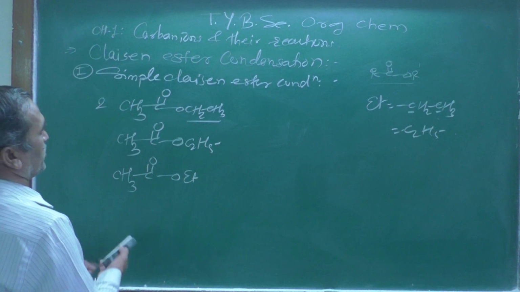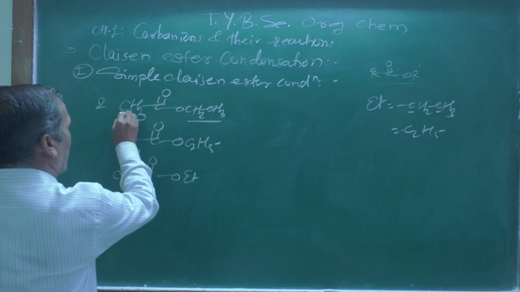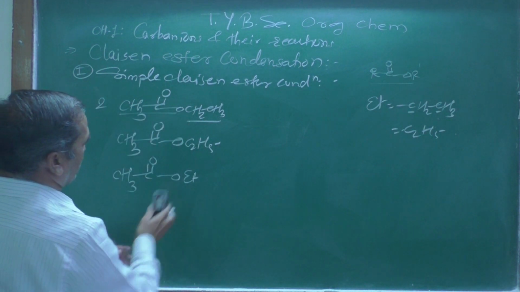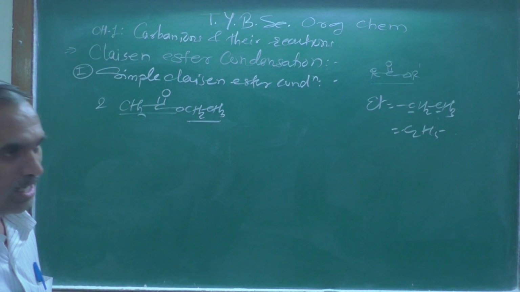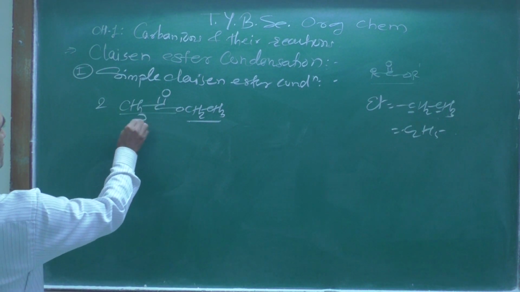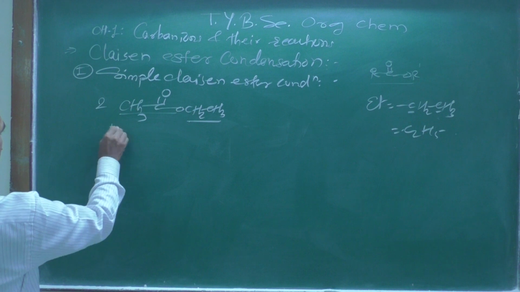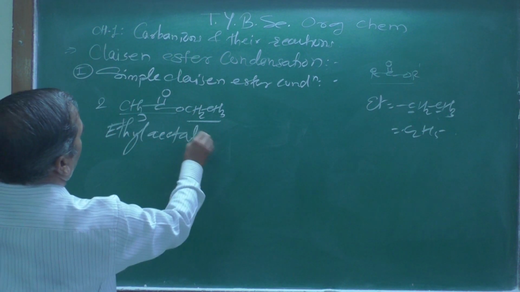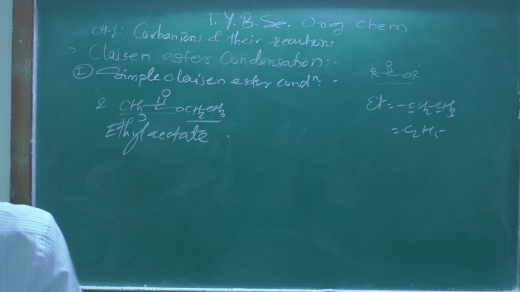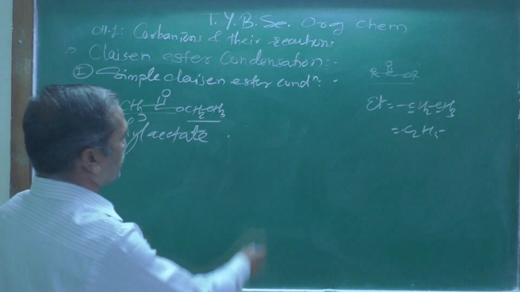This part is the ethyl and this part is called the acetate part, and therefore the name of this compound is ethyl acetate. This is the ester used here.